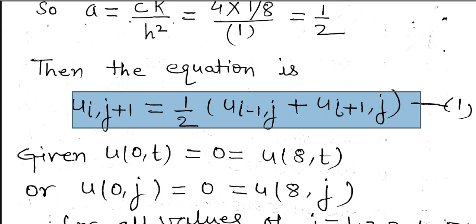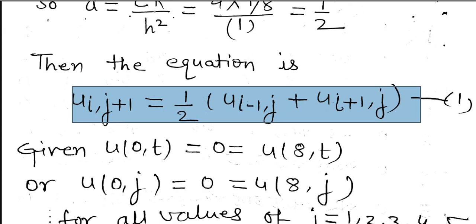Or in general, in place of t, if we are taking j, then look at here, u(0, j) is equal to 0 and u(8, j) equal to 0.